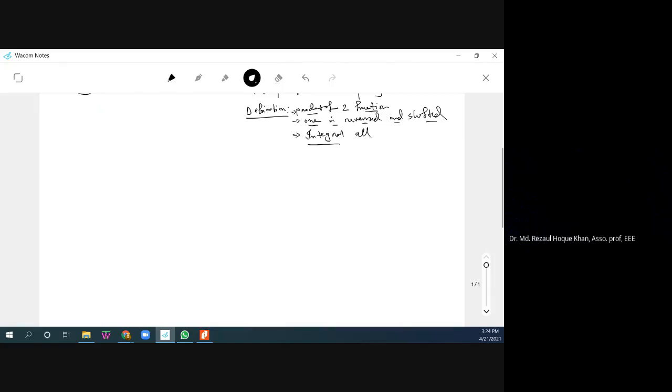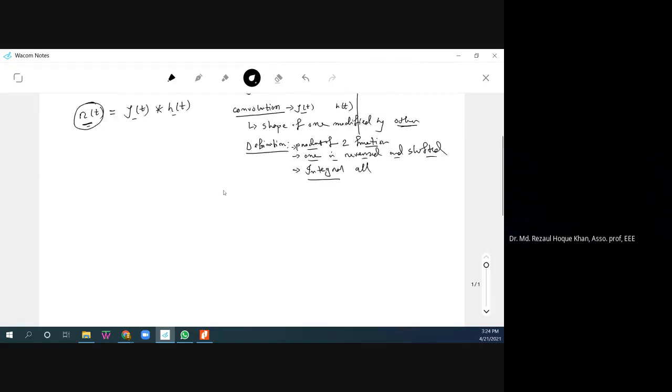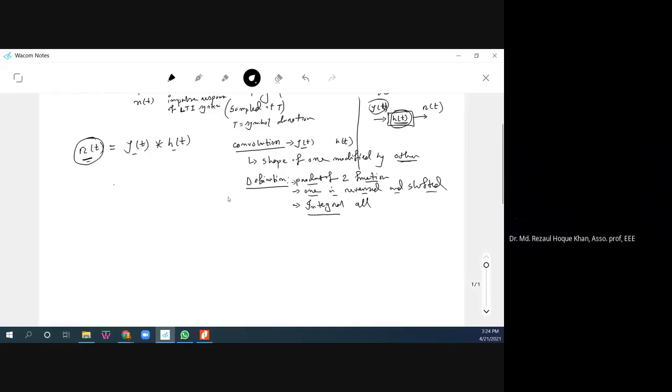So how can I write this function r(t) according to this definition? We integrate from minus infinity to plus infinity the product of two functions, y and h.